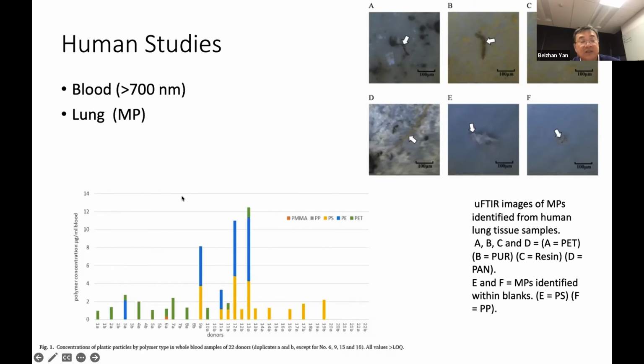Another study used micro-FTIR, Fourier transform infrared imaging, and identified larger microparticles in lung tissues, which are the first defenders for the human body. If you inhale, particles first get into the lung, and if they are small enough, they can cross the cells, get into the blood, and be carried.